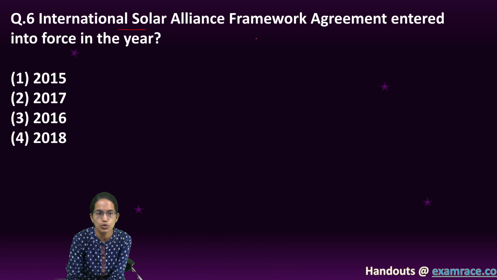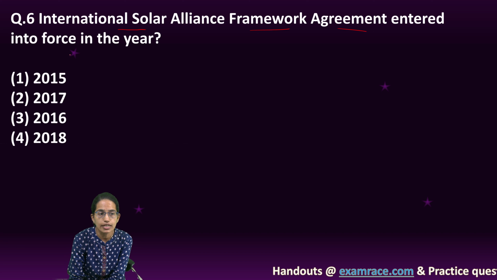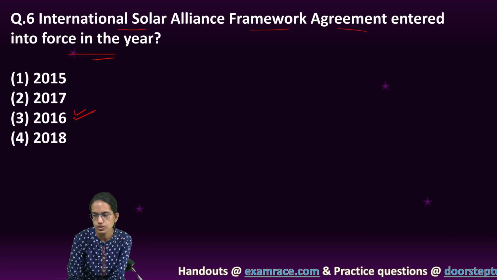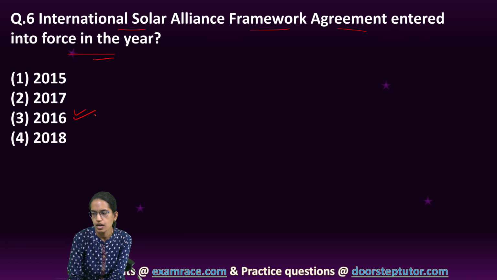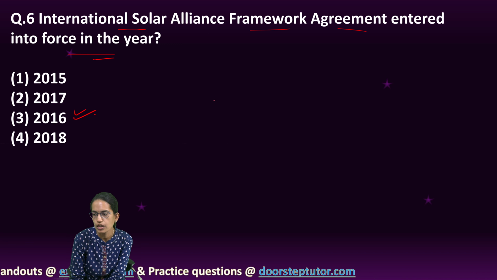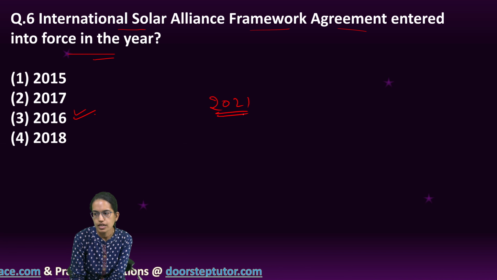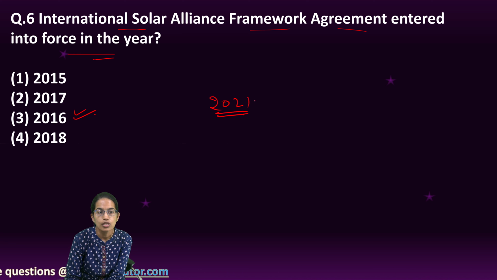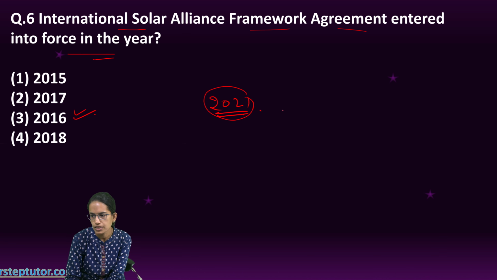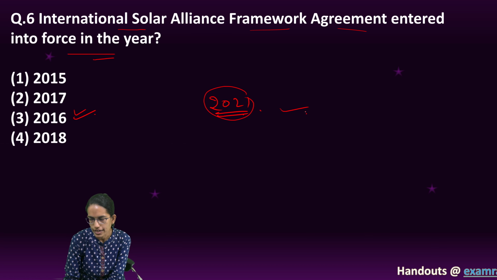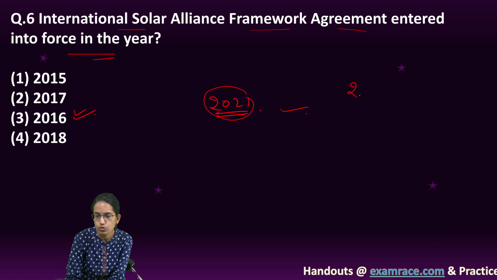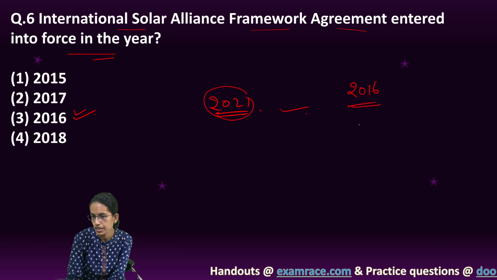Now, International Solar Alliance Framework Agreement entered into force in which year? In 2016. So again this was important: in 2021 it entered into force as the major agreement, and initially the agreement was signed in 2016 at Marrakesh, Morocco.